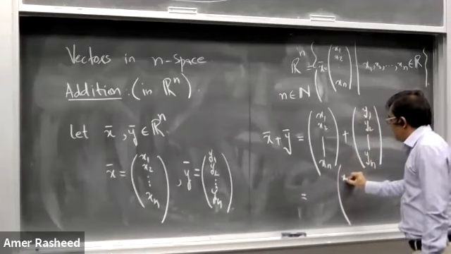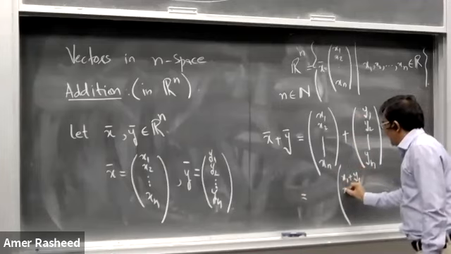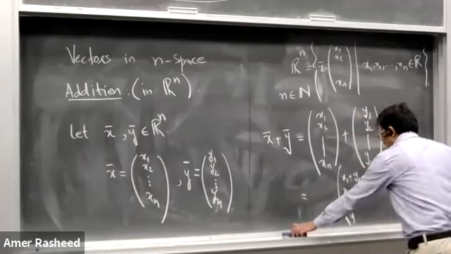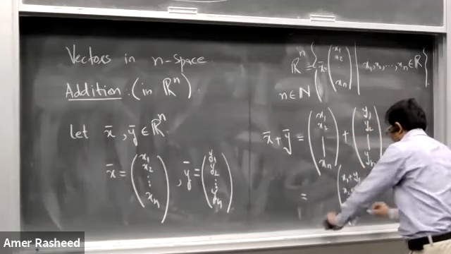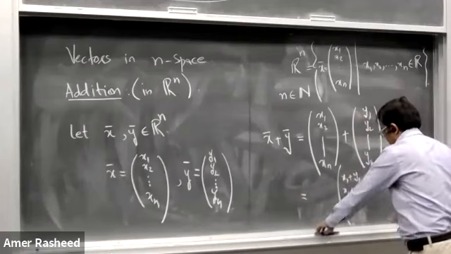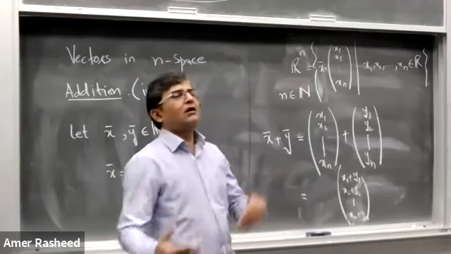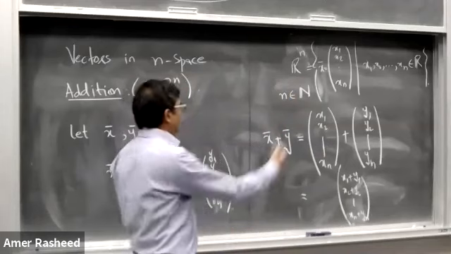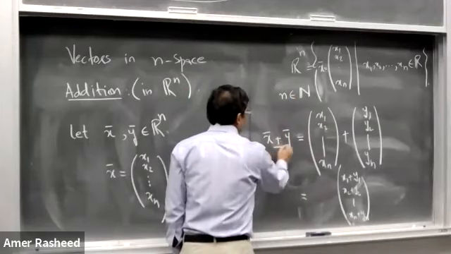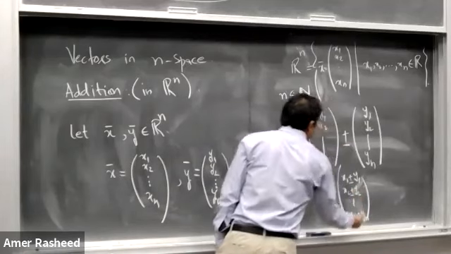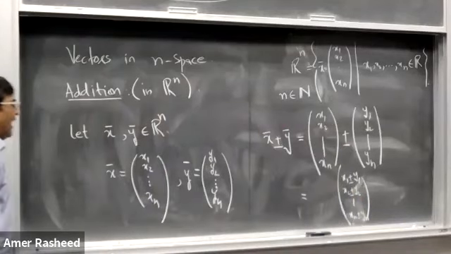So their addition would be x1 plus y1, x2 plus y2, and so on, xn plus yn. This is how we add two vectors in Rn. Add or subtract: if we add, we put a plus here; if we subtract, we put a negative sign everywhere.